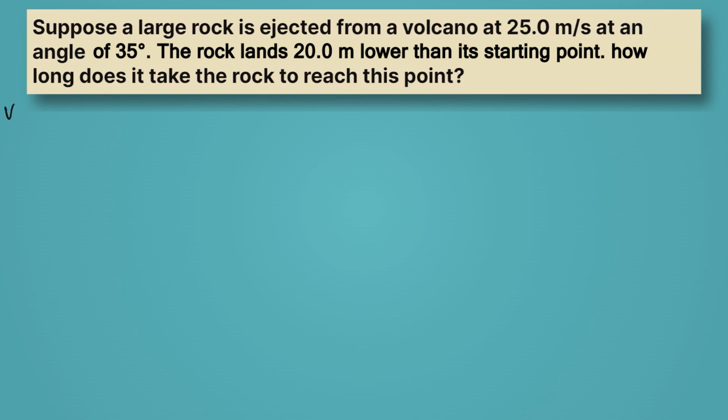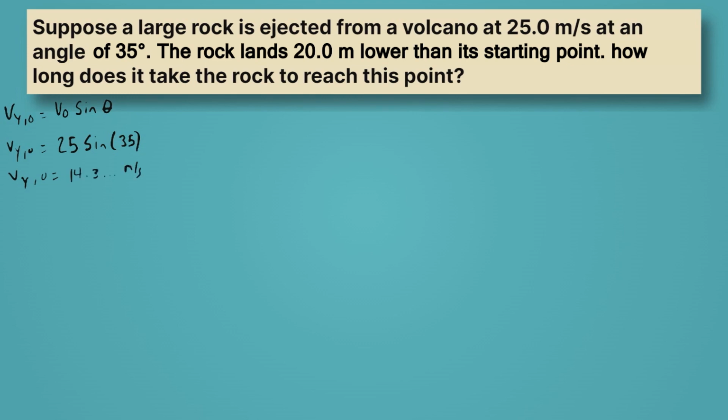The velocity in the y direction initially is equal to our velocity initial times sine of theta. And so in this case, we're going to plug in for our velocity initial that 25 meters per second and multiply by sine of the angle we're given, which is 35. When we do that, we'll get our velocity y initial, and it turns out that that's 14.3 meters per second.